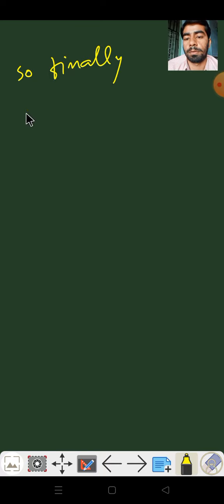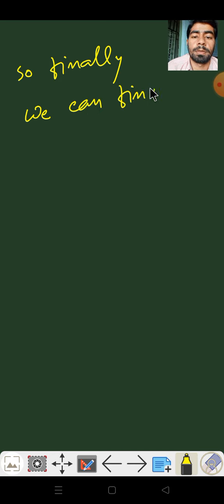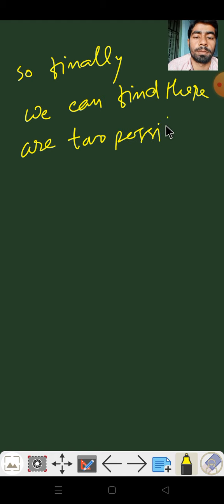So finally we can say there are two different possible homomorphisms from Z6 to Z4.